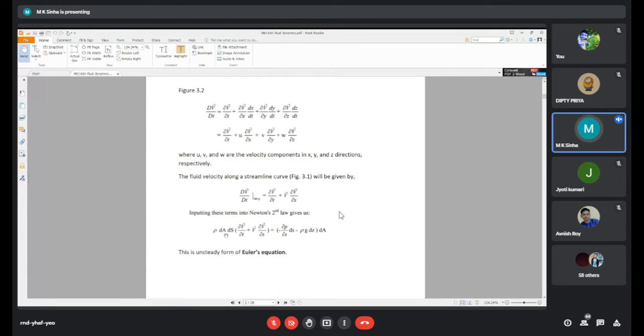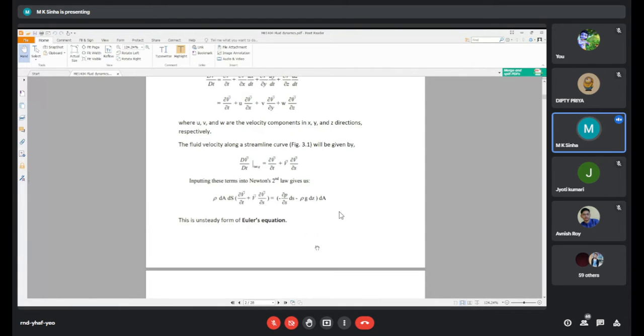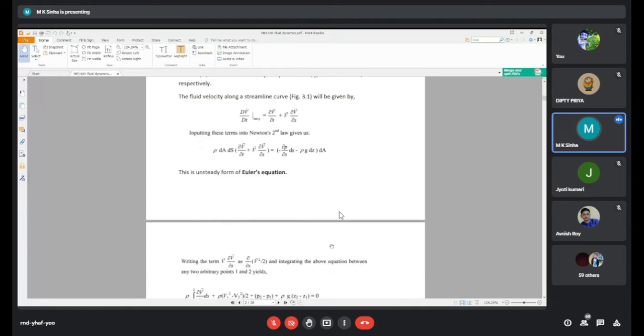So rho into volume, which is the mass, into the acceleration, written as del v by del t plus v del v by del s, equals the sum of the forces. And this is the generalized form of the Euler equation. For steady flow, you may cancel out some terms.